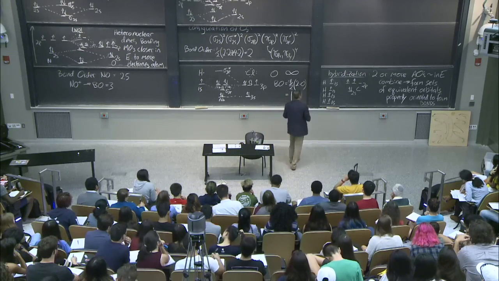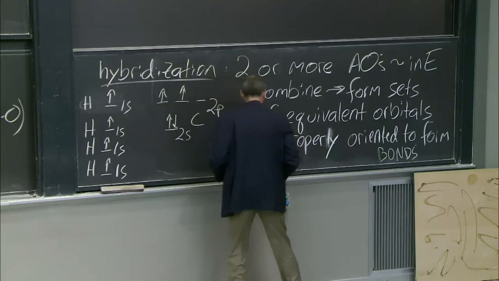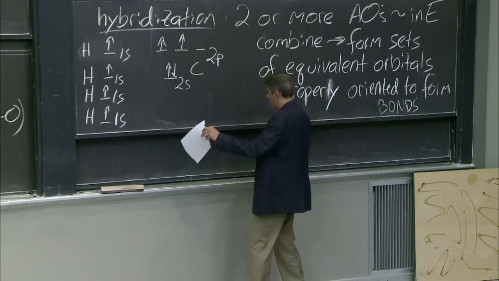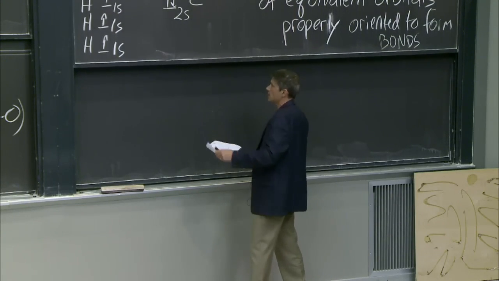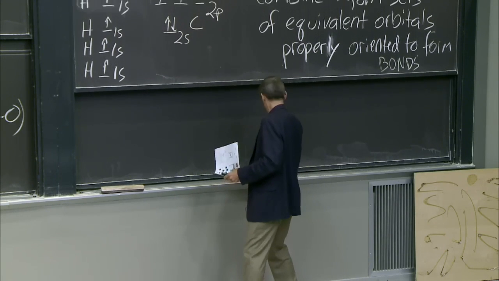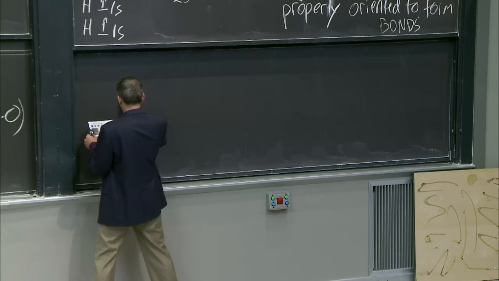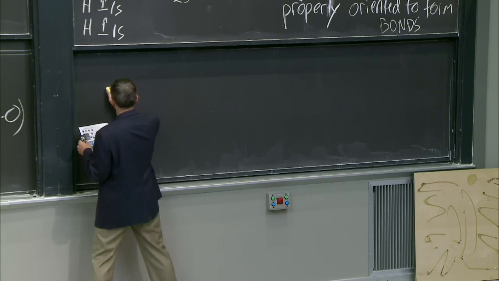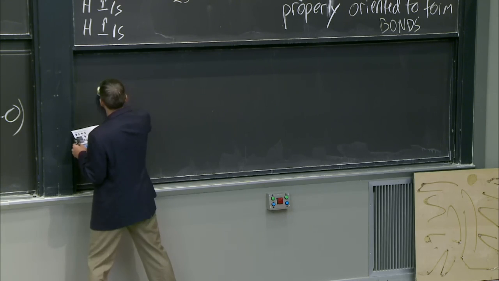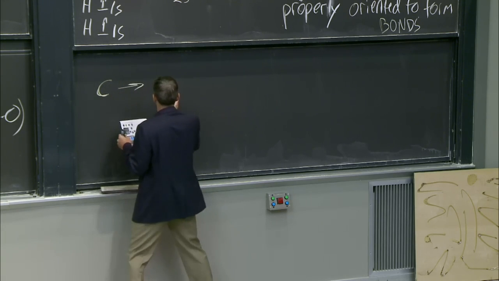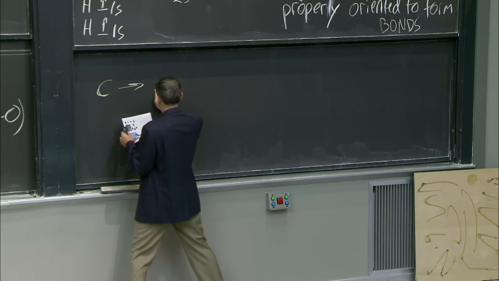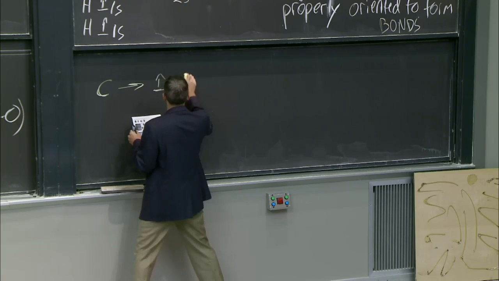So what ends up happening is this carbon atom says, hold up, you 4 hydrogens, you wait there. I'm just going to go into the back and do a little reorganization. I'm going to come at it with 4 equal orbitals that look like this.